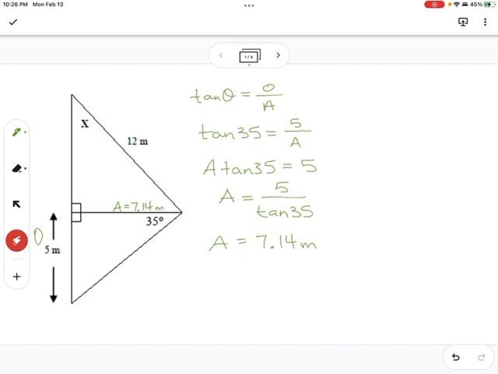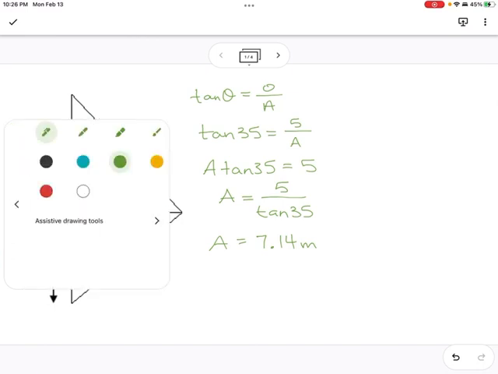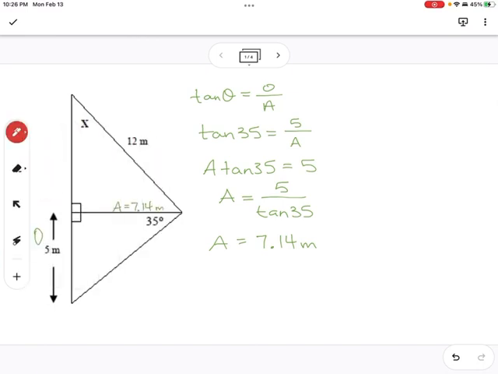Now, in this triangle, in relation to the angle x that we need to find, we have the opposite side. So this is no longer adjacent. Let's go to a different color. We'll have our opposite side being the 7.14, and we have the hypotenuse since it's across from that 90 degrees. And we want to find angle x.